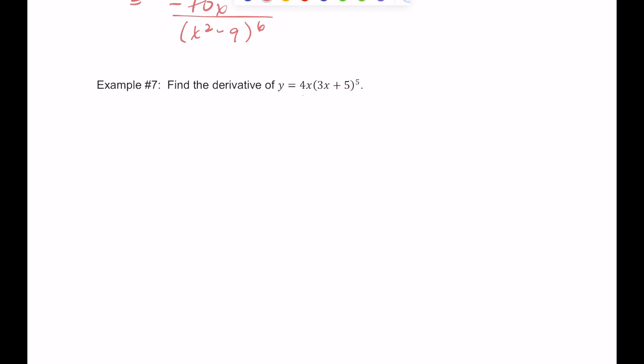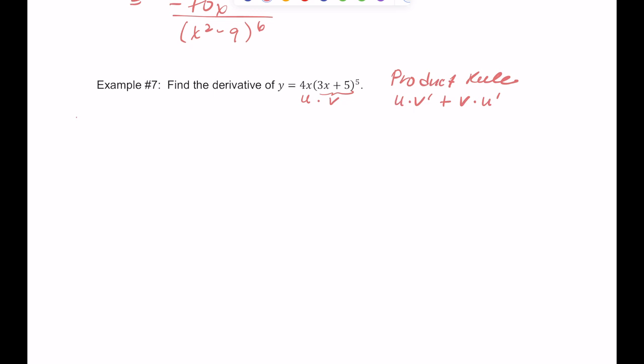So think of 4x as like u, and 3x plus 5 to the 5th as v. You basically have u times v, which means you're going to have to use the product rule. And if you'll recall, the product rule is u times v prime plus v times u prime. Okay, so I'm going to have to do that first.